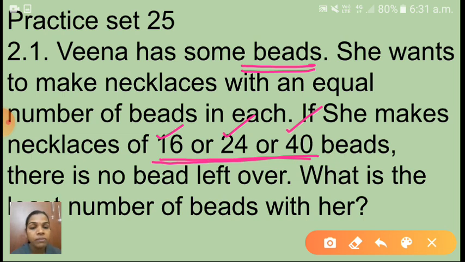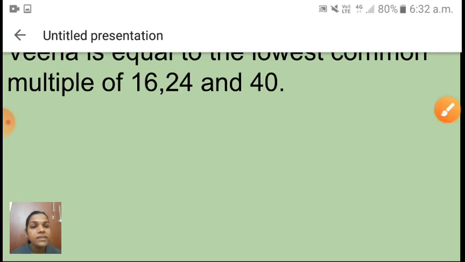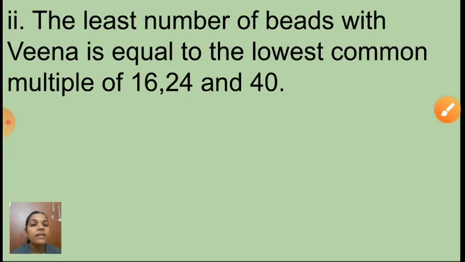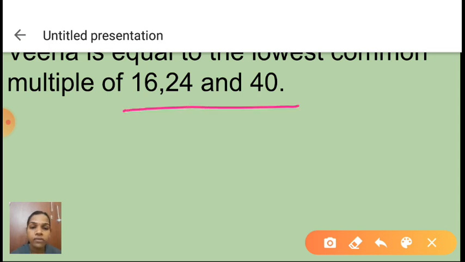Yes, we have to list the common multiples, and from the common multiples we can get the LCM of 16, 24 and 40. Okay, children, are you ready? Shall I start now? See here. The least number of beads with Veena is equal to the lowest common multiple of 16, 24 and 40.